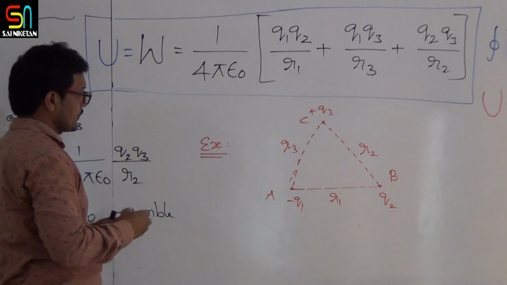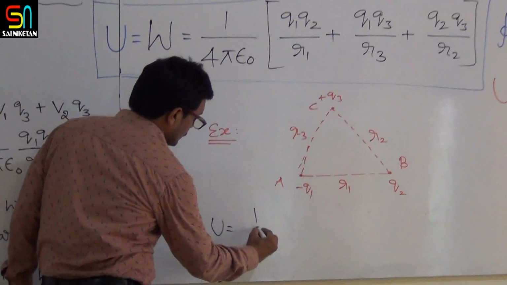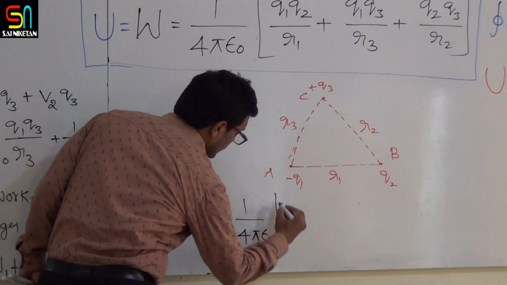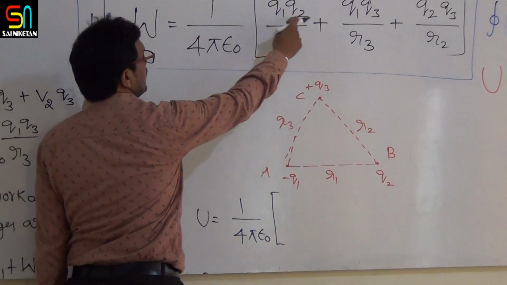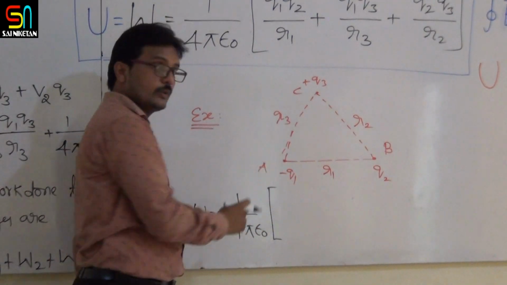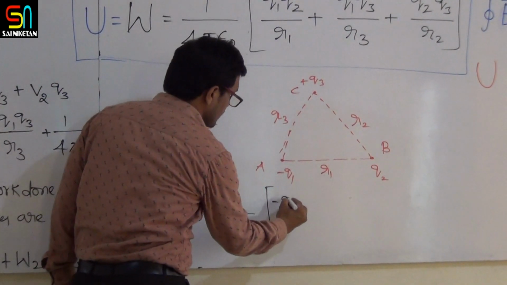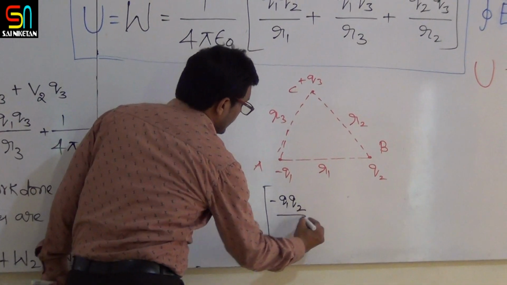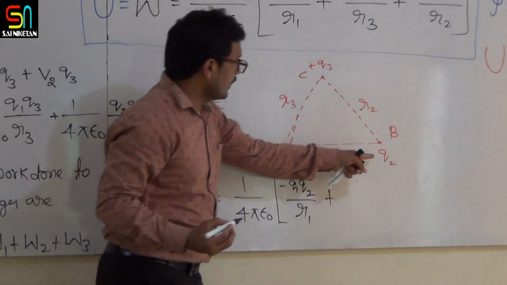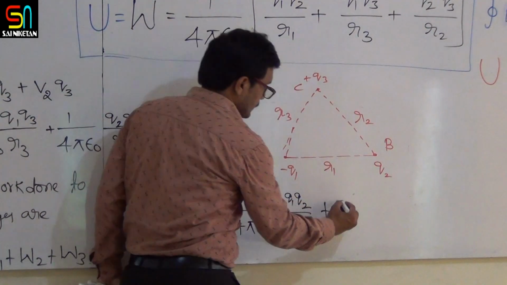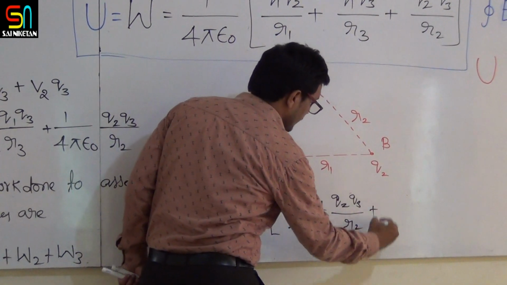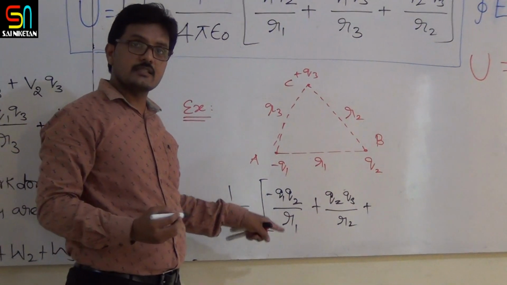Then potential energy U is equal to 1 by 4 pi epsilon naught times the first combination, Q1 Q2. Here Q1 is negative, so minus Q1 Q2 divided by R1, plus the second combination, Q2 Q3. Both are positive, so Q2 Q3 divided by R2, plus the third combination.